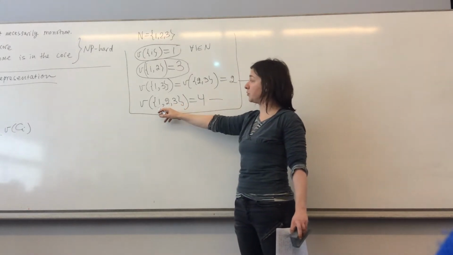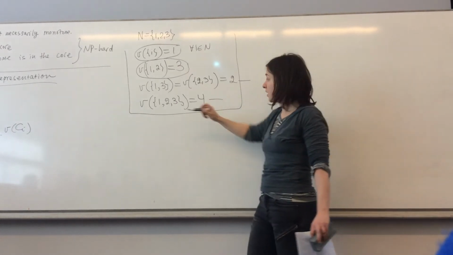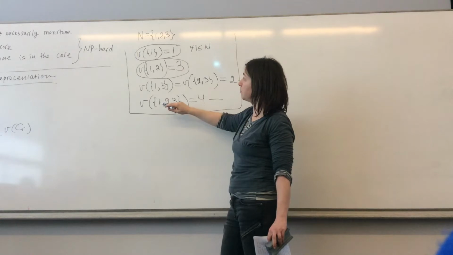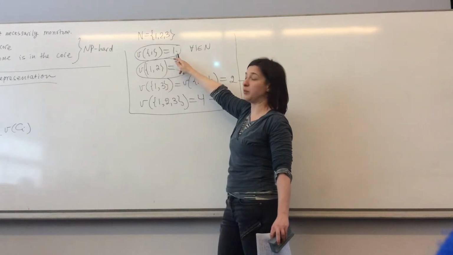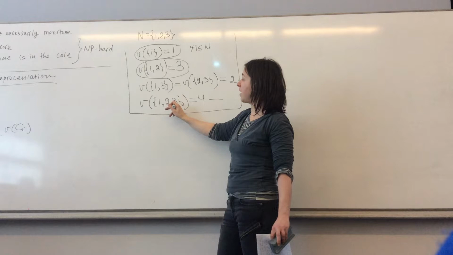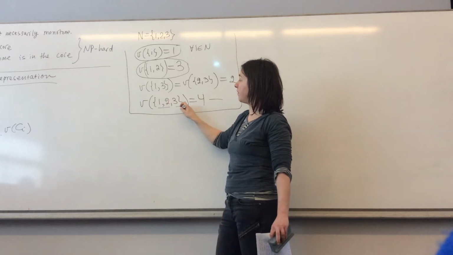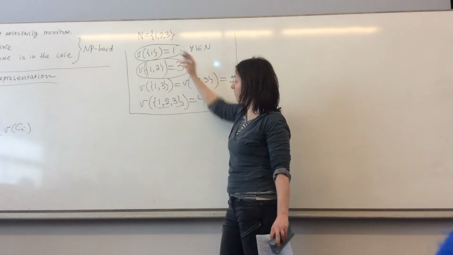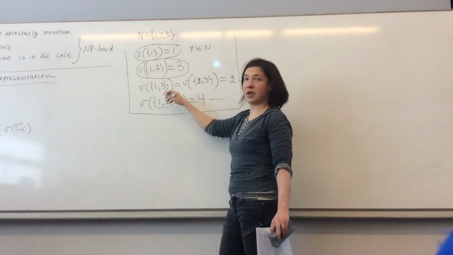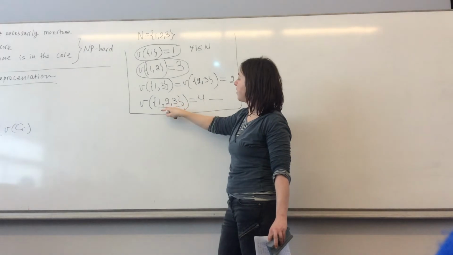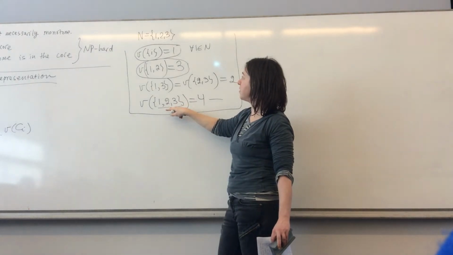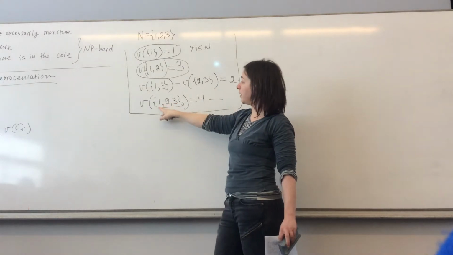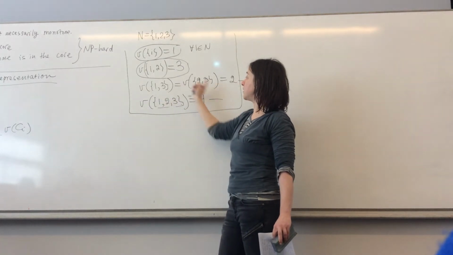For the grand coalition, we would have to consider all possible partitions, right? So one partition is singletons. That would give me the sum of 1 plus 1 plus 1, 3. Then there is the pair of 1 and 2, and 3 alone. 3 plus 1, 4, and the other partitions would give me the value of 3 again, because 2 and 3 together get 2 plus 1, and 1 and 3 together get 2 plus 1.